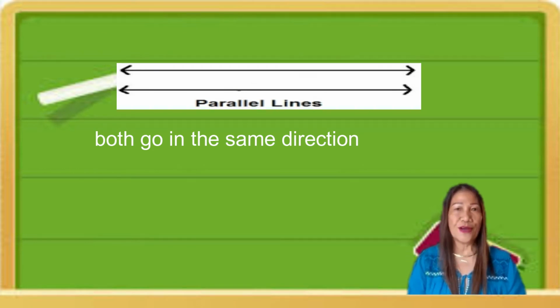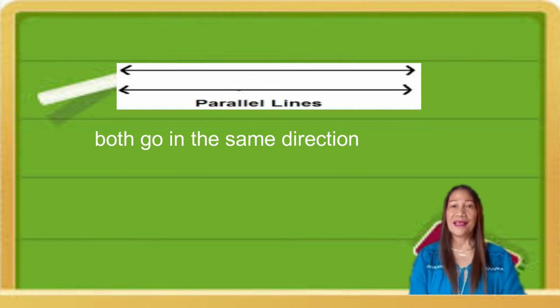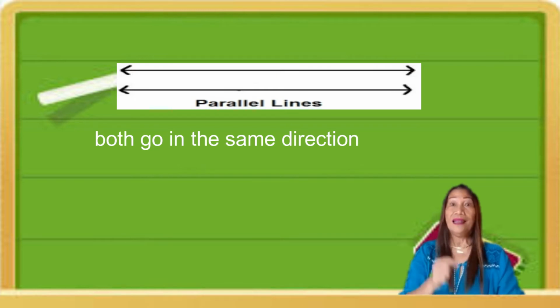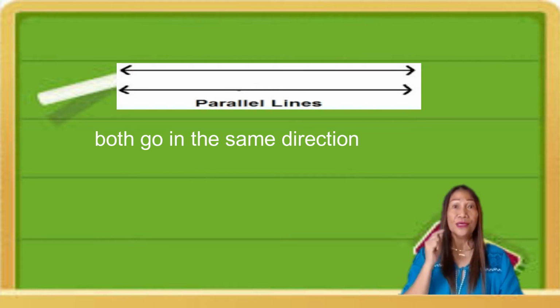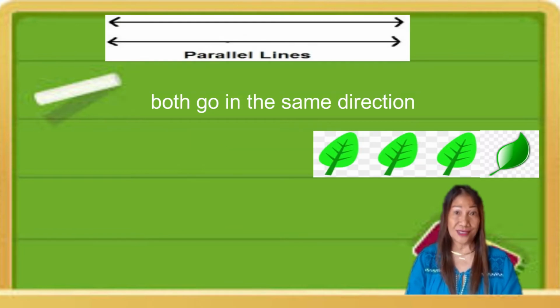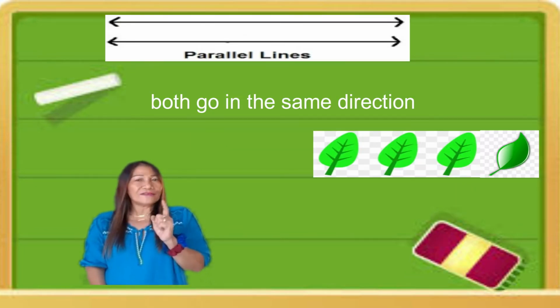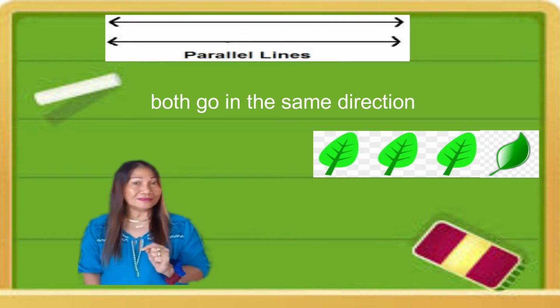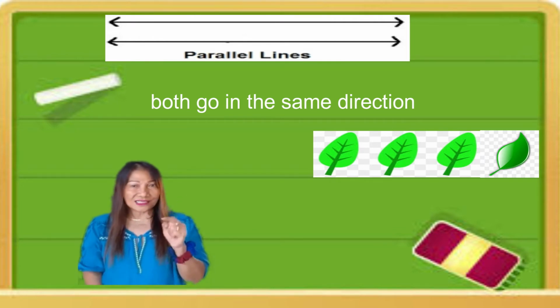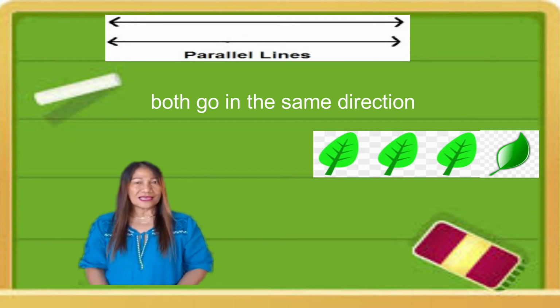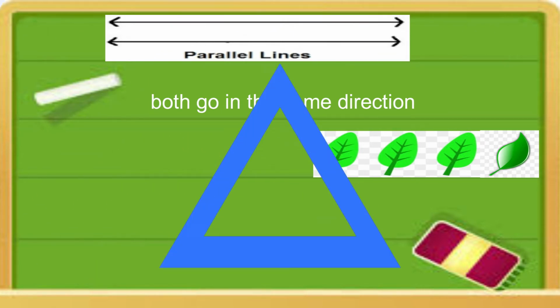If you want to learn how to communicate, how to write clearly and effectively, then this topic is for you. Before we go further, take a look at these lines. What do you observe? Correct. They are parallel to each other. They are equal. Lines go in the same direction. What if it's not lines? What if it's a group of leaves like this? Is there any difference? Yes, correct.